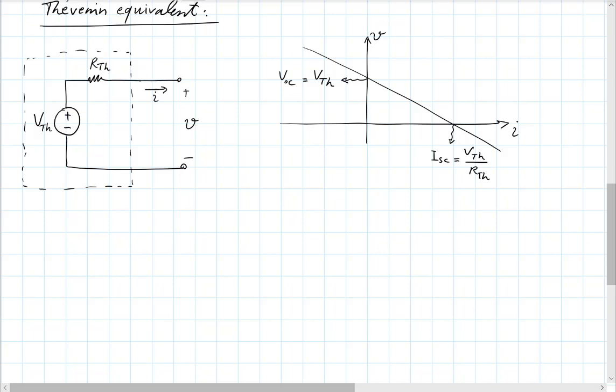So if you have a big circuit, I think we looked at an example where you would, in one case, in practice measure or on paper calculate the voltage that you would see between those 2 points without connecting anything. In another case, you would add a wire there. You would measure or calculate the short circuit current. And from those parameters, you would directly have V Thévenin. And from the ratio of the two, you would get R Thévenin.